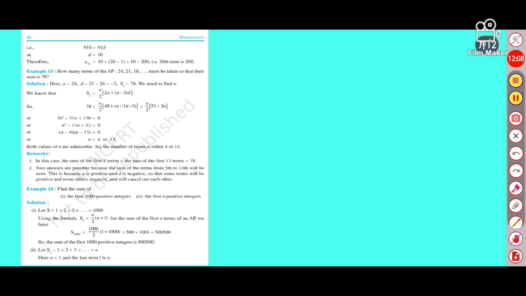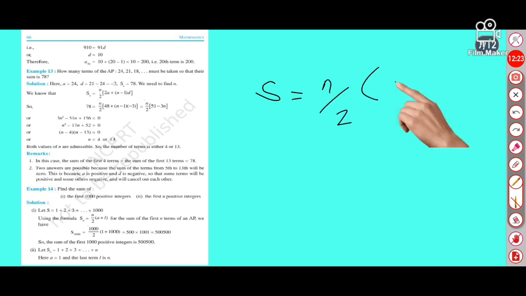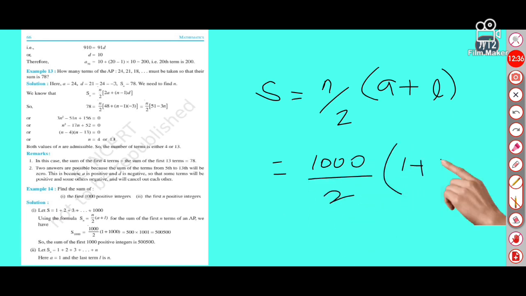Now example 14: find the sum of the first 1000 positive integers, right? They are using the formula Sn equals n by 2 into a plus l, just to finish the sum. So short and sweet. The number of terms n is 1000, the positive integers from 1 to 1000.